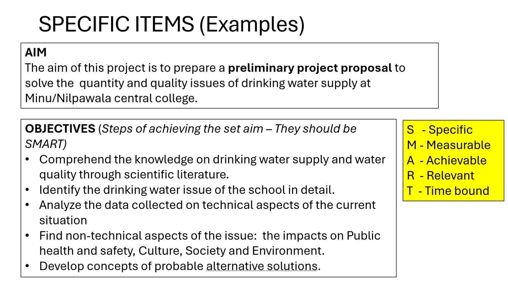That's something that anybody can do, so the difficulty level is much lower. Then identify the drinking water issue of the school in detail. The next one is to identify.